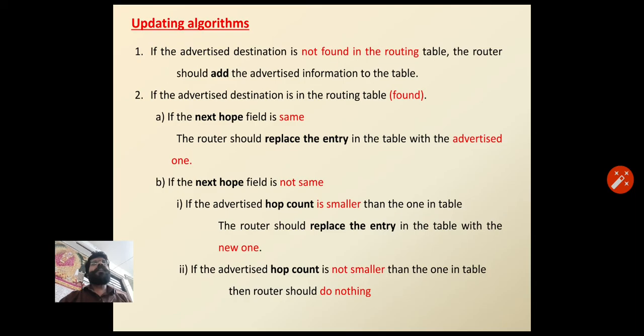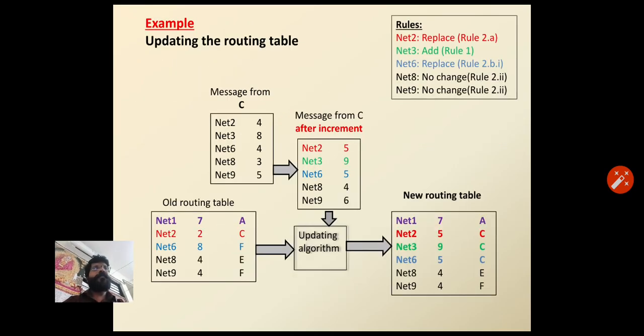These algorithms can be explained with an example. Suppose one message from C arrives at router A. A is a router and C is also a router.